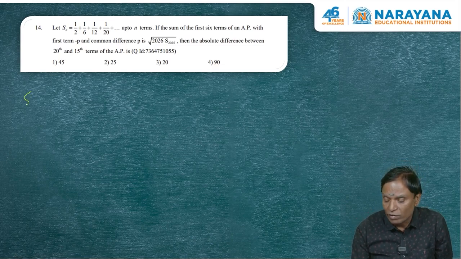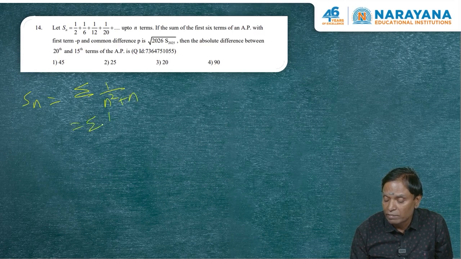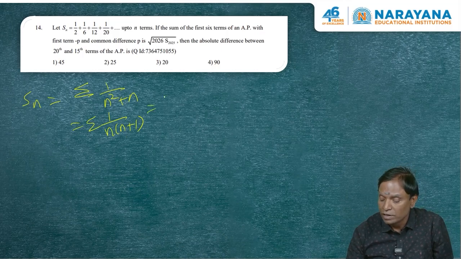Now Sn, whatever is given, if you observe, this is nothing but sigma 1/(n² + n). This is nothing but sigma 1/(n(n+1)). Now this is nothing but sigma (1/n − 1/(n+1)).